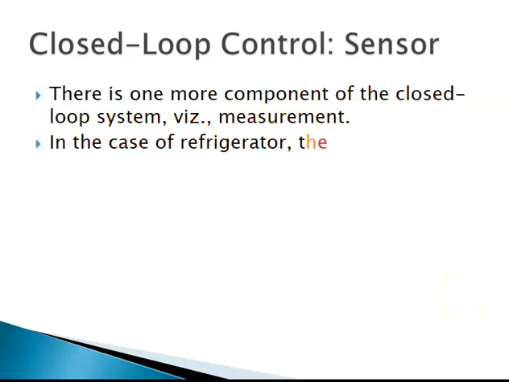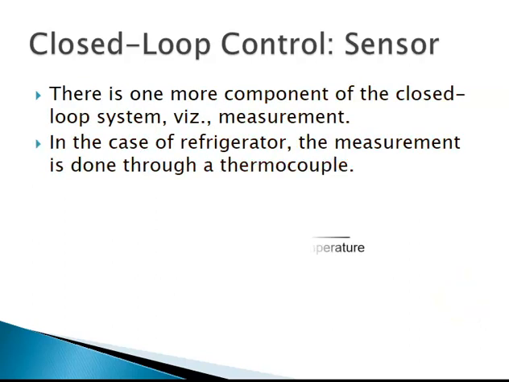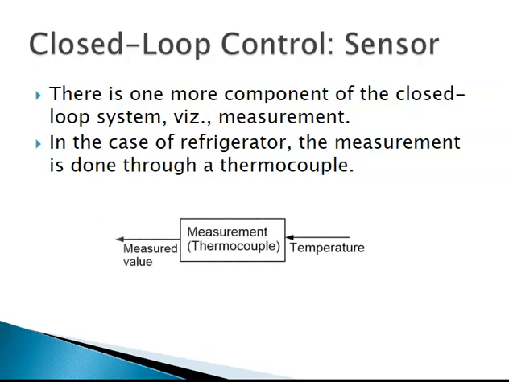There is one more component in a closed loop system, that is measurement. There is a thermocouple, and the thermocouple takes in the temperature and issues a voltage. This voltage is used as a measured value.